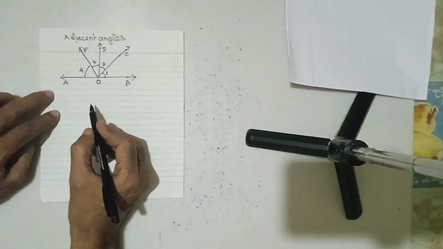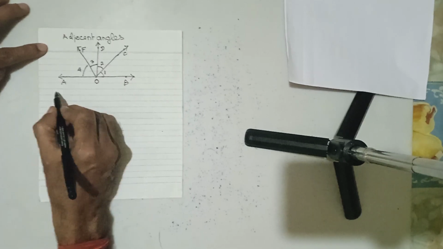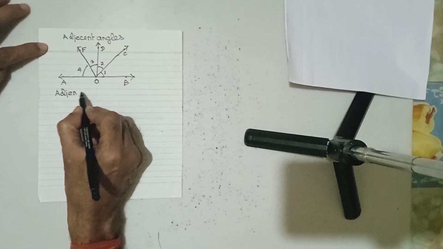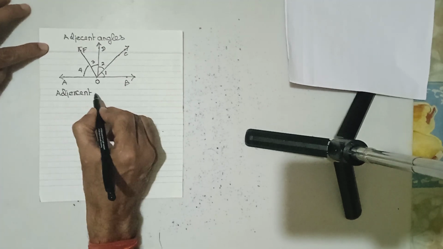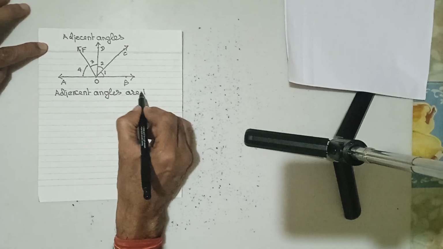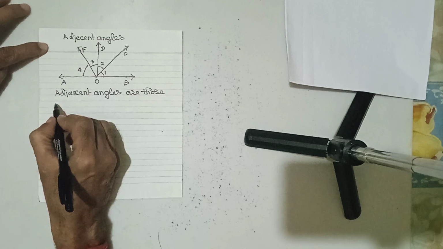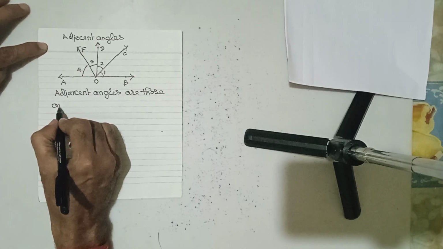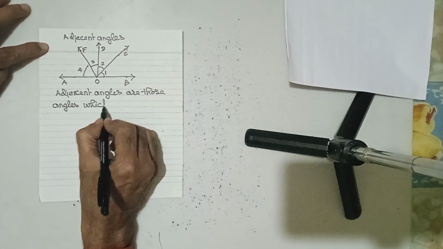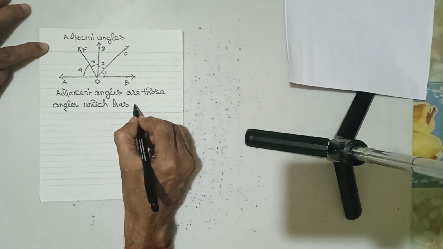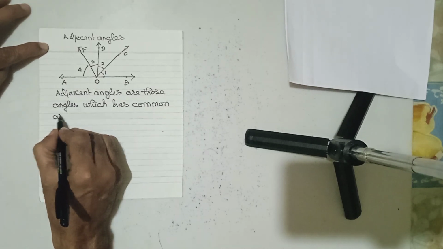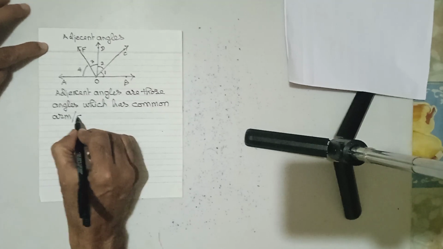Then we can say that adjacent angles are those angles which have a common arm, or we may say common side.